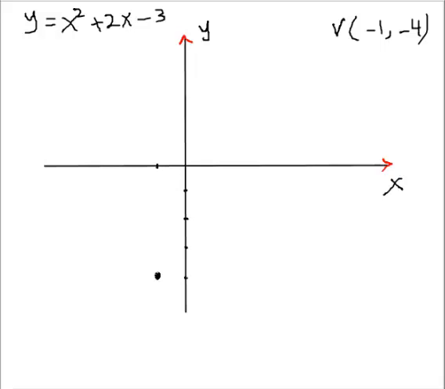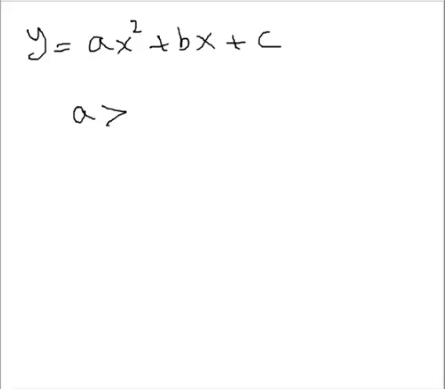To see if the parabola opens upward or downward, you look at the formula Y is equal to ax squared plus bx plus c, and look at A. If A is positive, your parabola opens upward. If A is negative, your parabola opens downward. That's how you know.